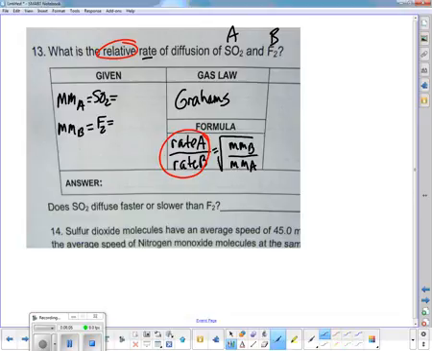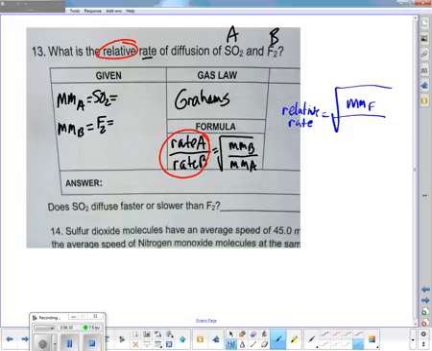Okay? So over here, I just say, okay, so my relative rate is equal to the square root, and I would put the mass of fluorine on top divided by the mass of SO2 on the bottom. Okay?